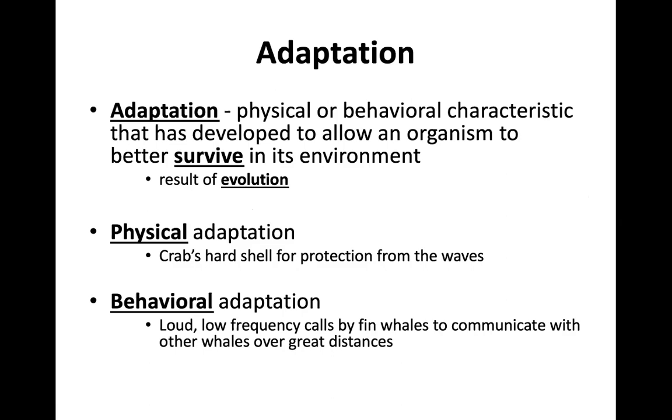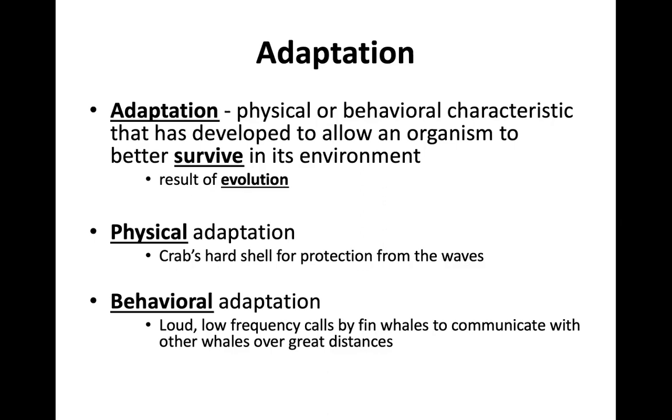We'll talk more about adaptations when we get to evolution, but this is the result of evolution. And we talked about evolution when we talked about the characteristics of life. In three words, who can tell me what evolution is? Change over time. Perfect.